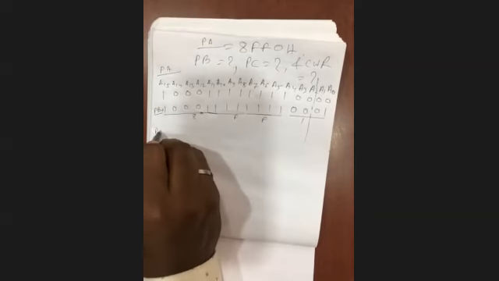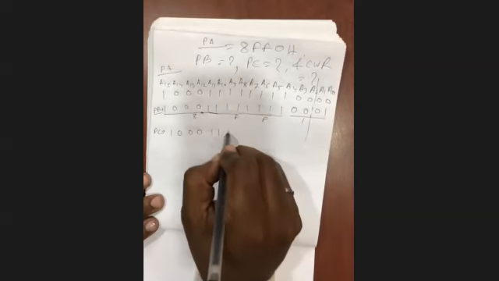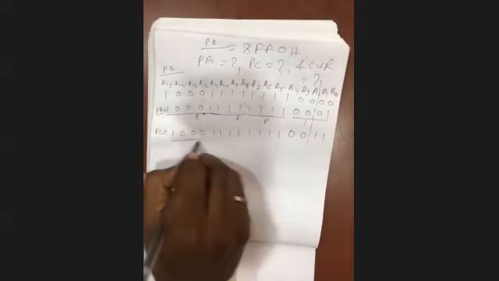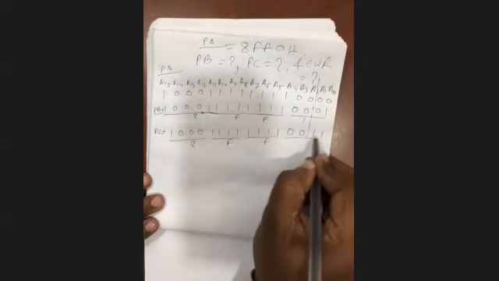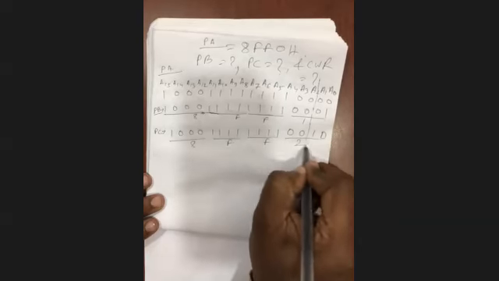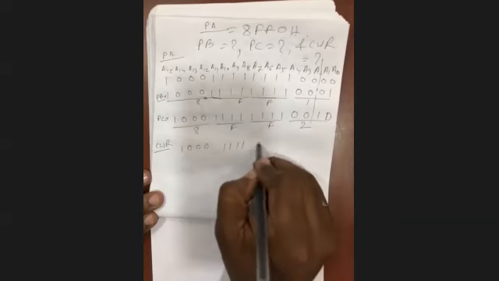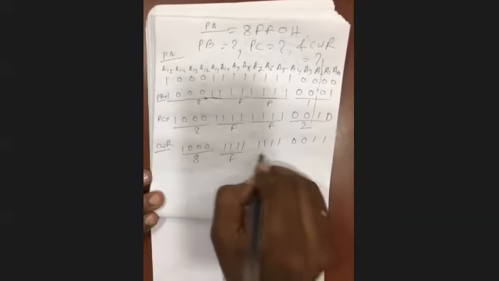This is for port B. What will be port C? 1, 0, 0, 0, 1, 1, 1, 1, 1, 1, 1, 1, 0, 0, 1, 0. That is 8FF2. What is CWR? 1, 0, 0, 0, 1, 1, 1, 1, 1, 1, 1, 1, 0, 0, 1, 1. So that is 8FF3. It's clear to all?